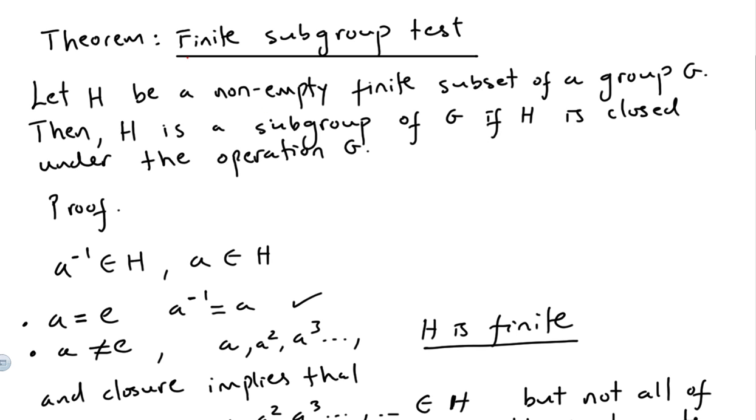So our theorem is the finite subgroup test. Let H be a non-empty finite subset of a group G. Then H is a subgroup of G if H is closed under the operation of G. Okay, so for the proof we are going to use the two-step subgroup test.